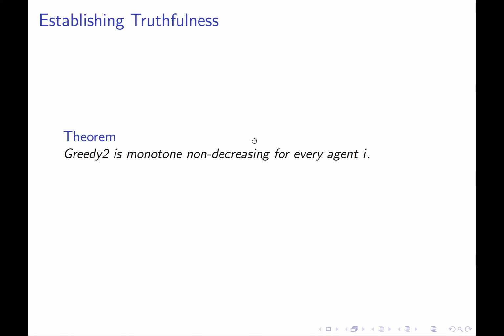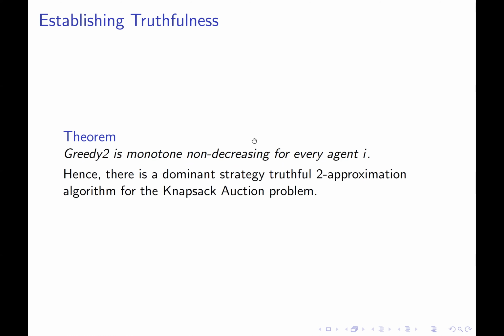They can never go from winning to losing. And if we can prove this, we will have established that there is a dominant strategy truthful two approximation algorithm for the welfare maximization problem in Knapsack Auctions by using the payment rule that we derived last class.